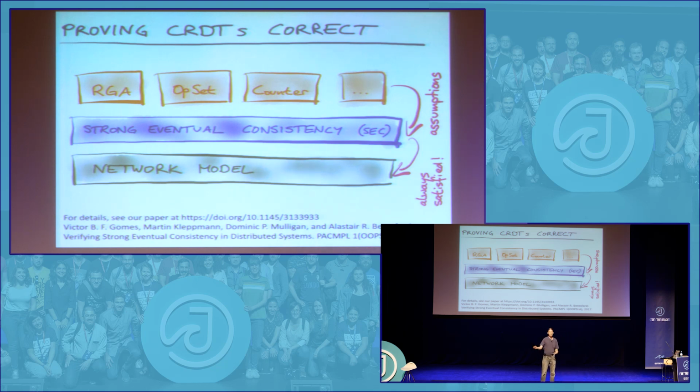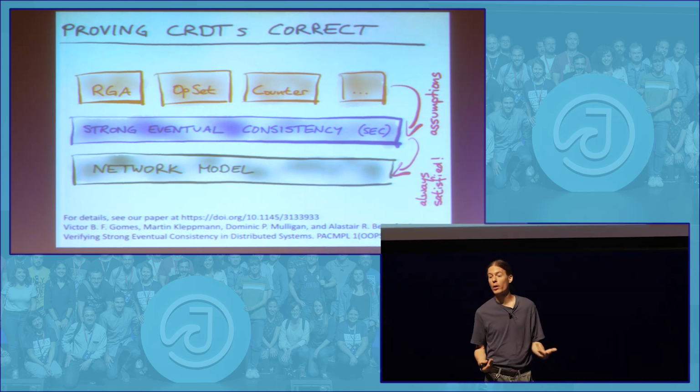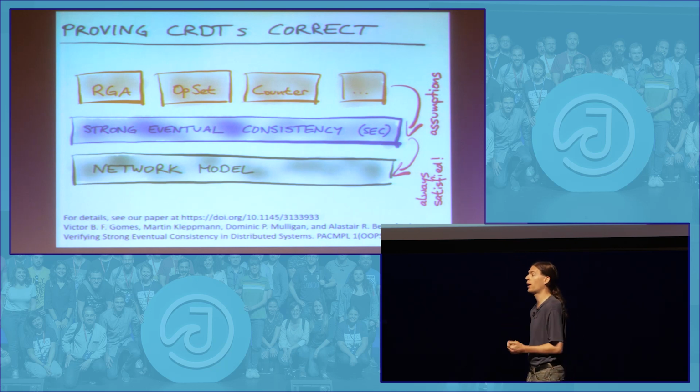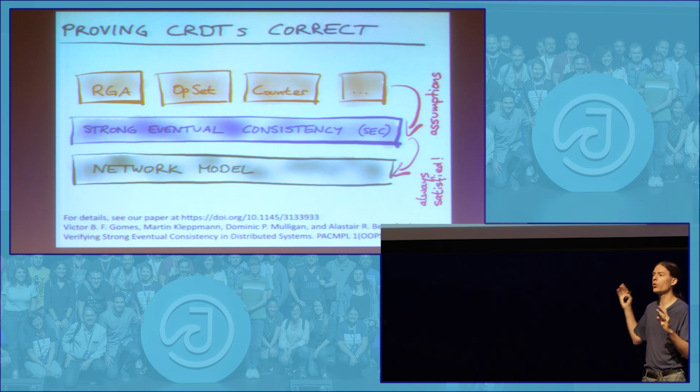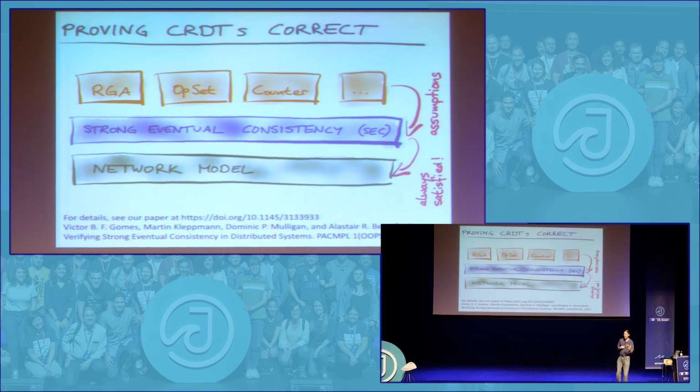It's allowed to lose messages arbitrarily, reorder messages, duplicate them. So it's a realistic model of how networks really behave in practice, in the worst case. And we can prove that all of the assumptions of the CRDTs are always satisfied, no matter what the network throws at us. This gives us a really strong theoretical foundation to convince ourselves that these algorithms really do work.